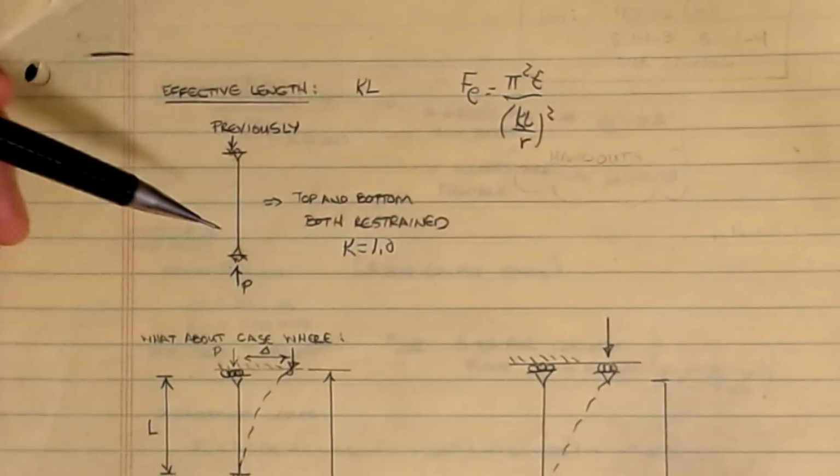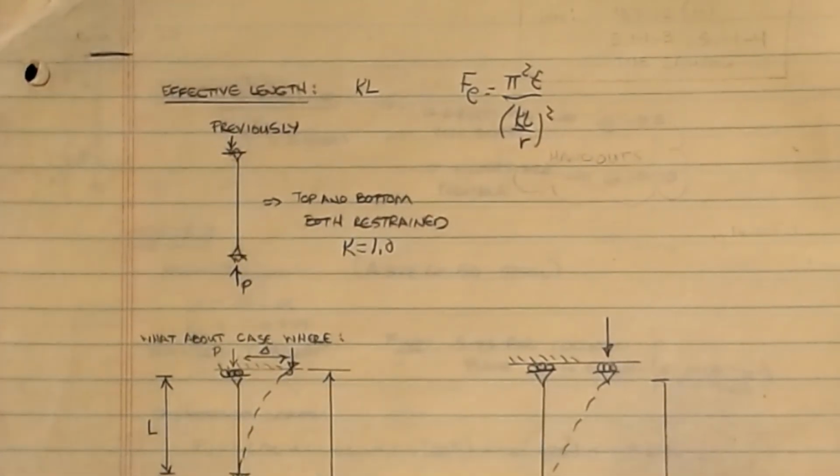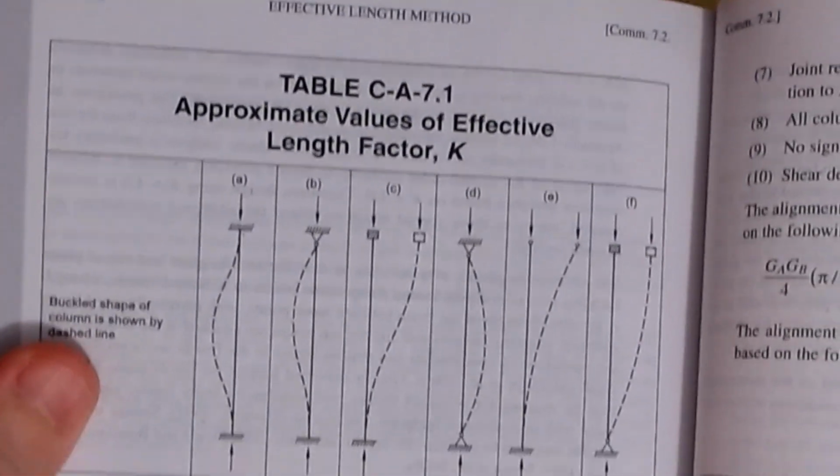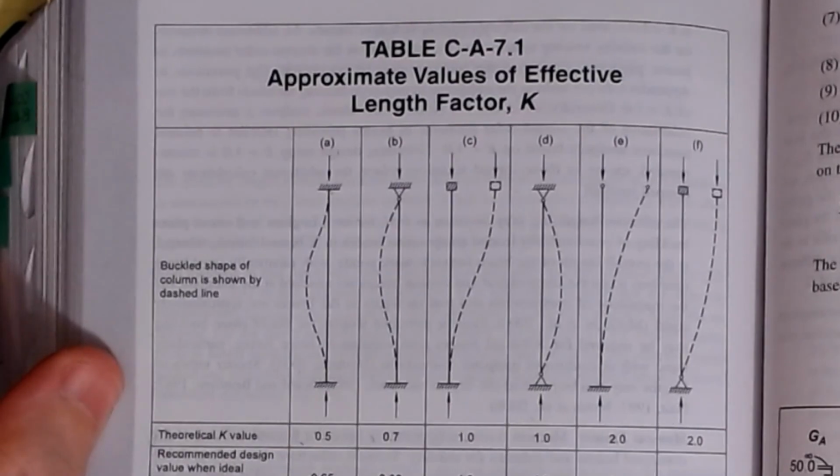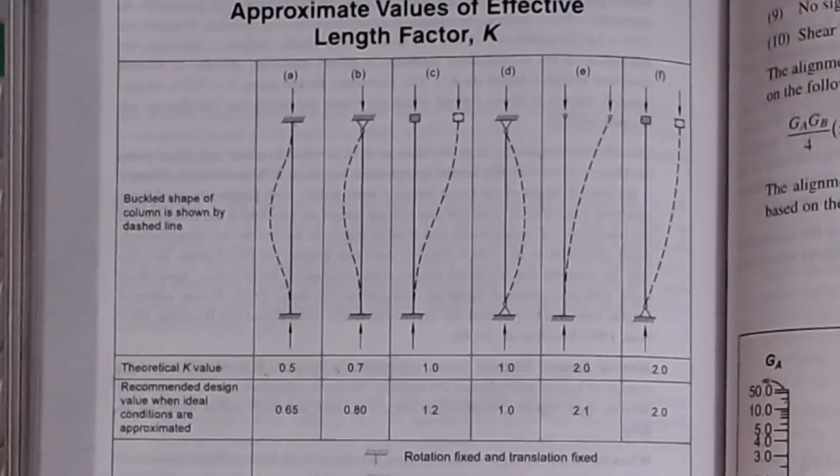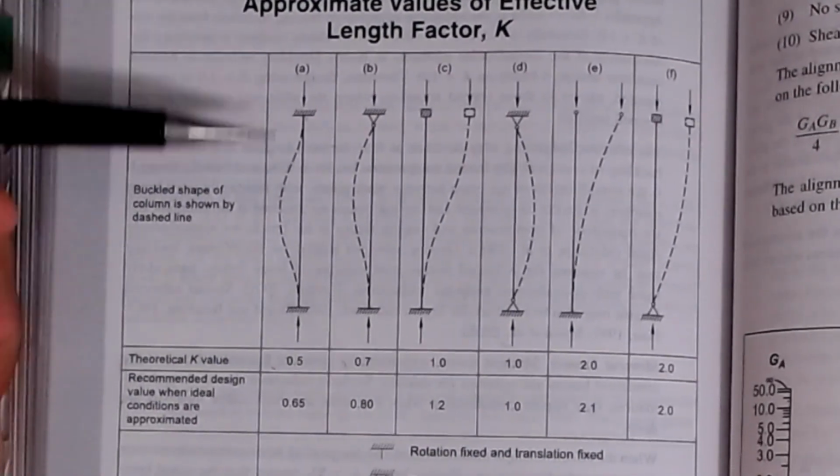But in reality, there were a lot more possibilities. What happens if it's fixed, or what if one end is fixed and one end is pinned? What if one end isn't pinned but is actually free to do whatever? And so we introduced you to a table back in Appendix 7, table C-A-7.1, and we were looking at a series of cases that looked something like this.